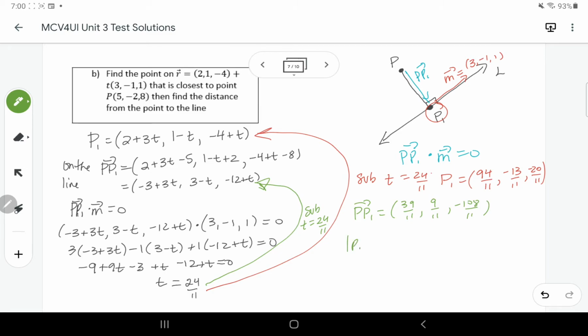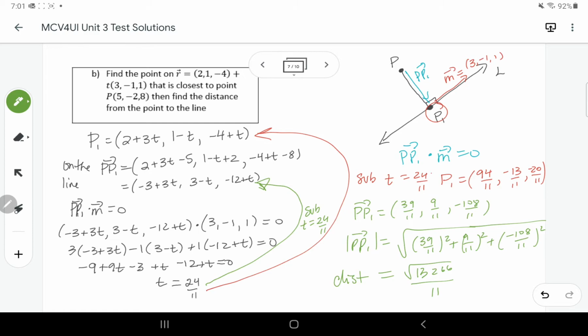Then the magnitude of P1, we use the magnitude formula: the square root of 39 over 11 squared plus 9 over 11 squared plus negative 108 over 11 all squared. That ends up being the square root of 13,266, I think, over 11. So that's the distance.